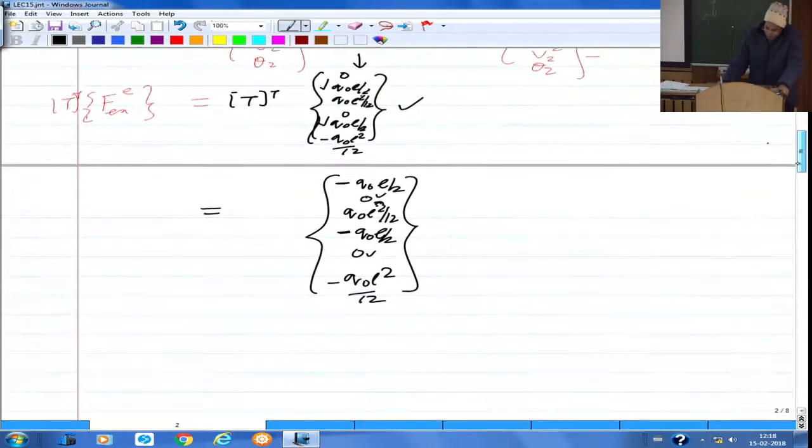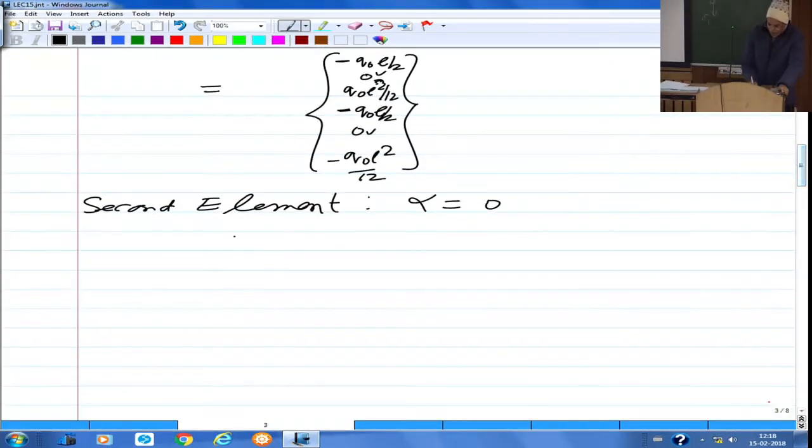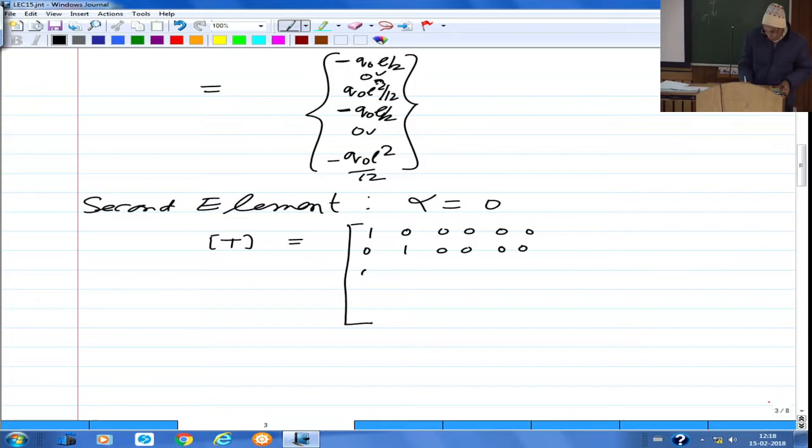Now if you look at the second element, your alpha is 0. So when you put alpha equal to 0, you will find your transformation matrix T is actually going to be identity matrix. So you will get the same transformed stiffness and load vectors, because cos alpha, sin alpha gives 1, 0, 0, 0, 0, then minus sin alpha, cos alpha, which is again 0, 0, 0, then 0, 0, 1, and so on.